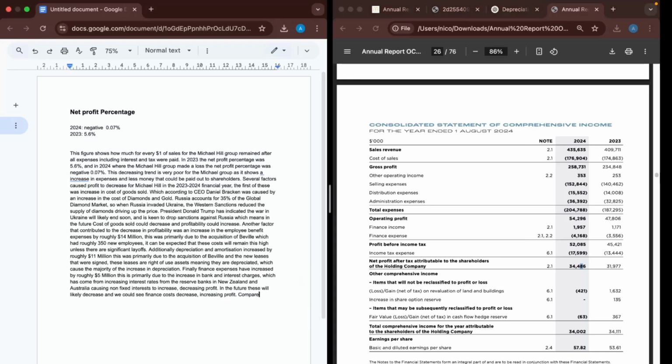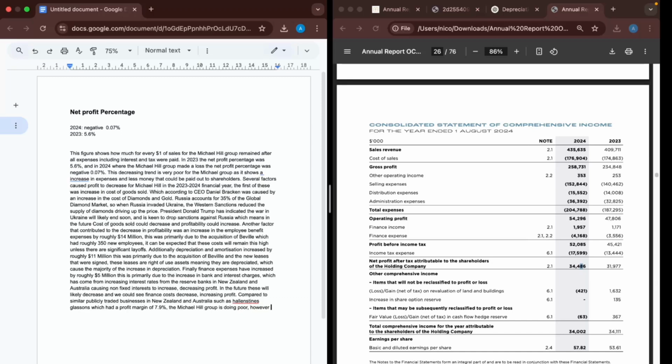Compared to similar businesses publicly traded in New Zealand and Australia, such as Hallenstein's Glassons, which had a profit margin of 7.9%, the Michael Hill Group is doing poorly.